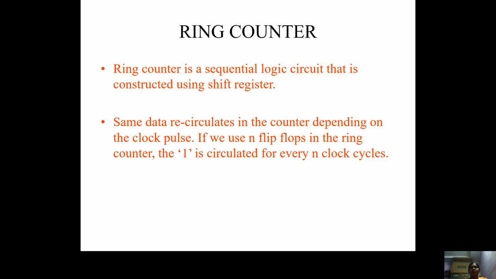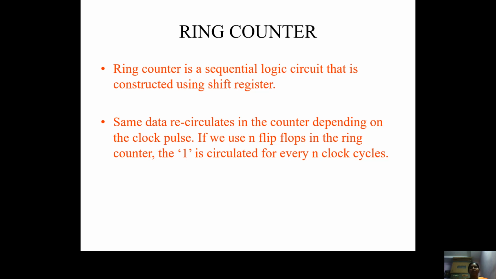Using that, we are able to design ring counters, in which the value is just shifted either left or right based on the design. The same data recirculates in the counter depending on the clock pulse.